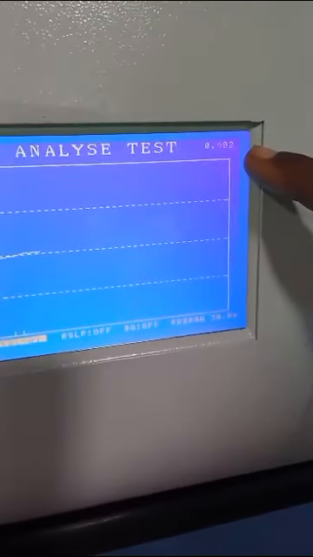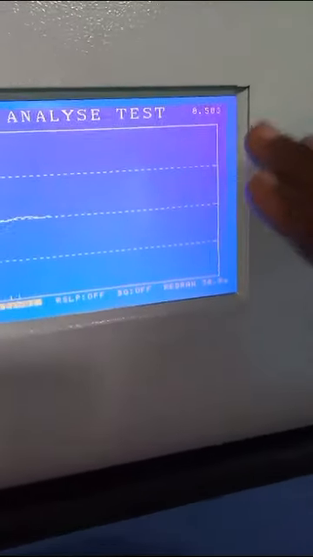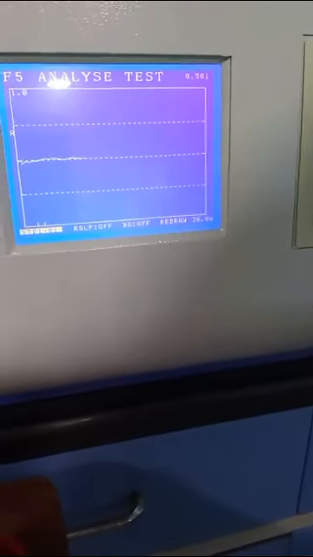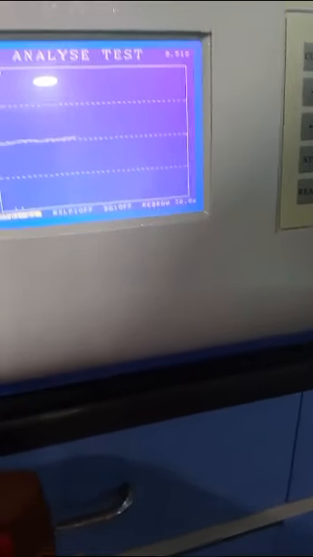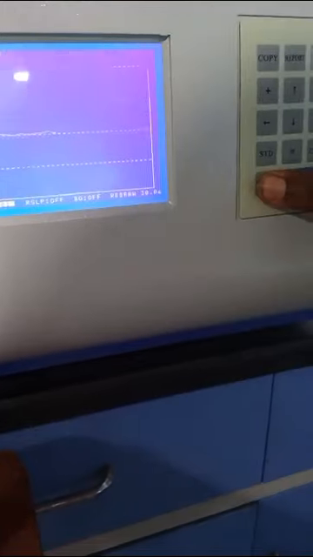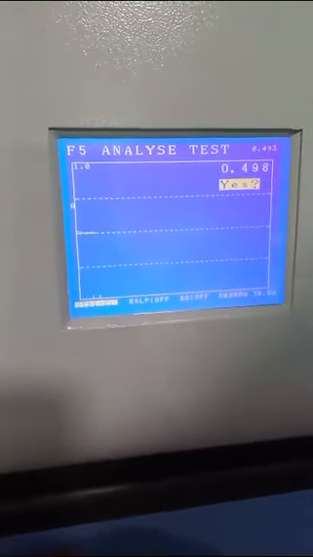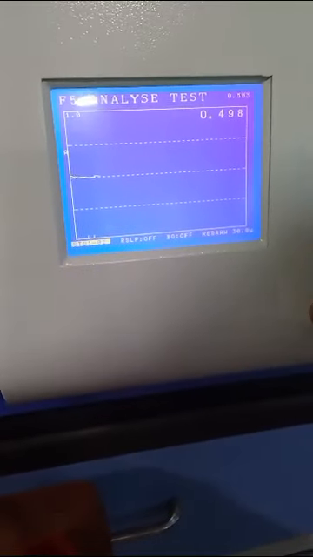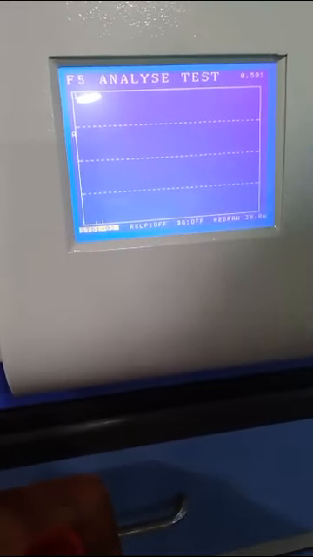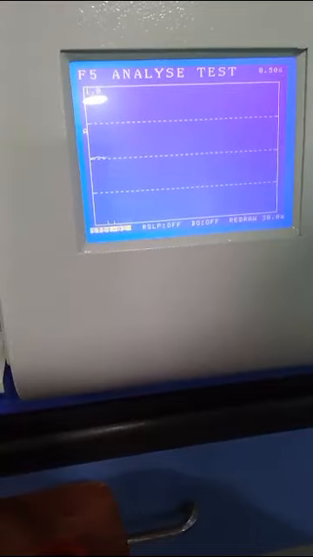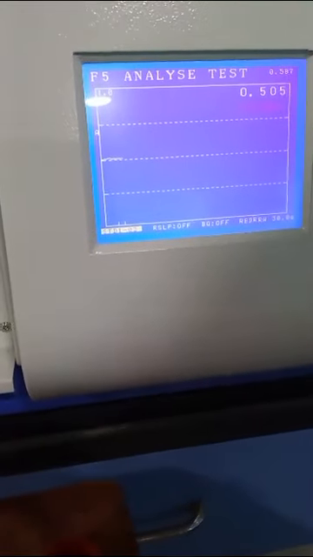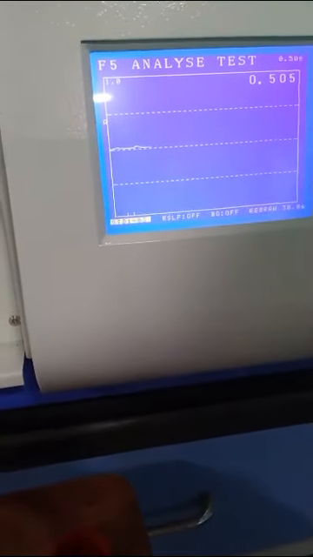We have to wait, allow it to move, then we press read. We wait for the question before we enter. Press enter, then we do the same thing again. We wait for the question to pop out, then we enter, then we repeat 3 times.